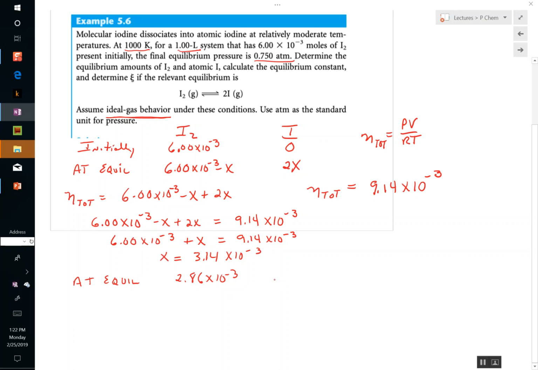Where's that equation? Did you give us that equation by any chance? Yep. It's the final moles minus the initial moles divided by the coefficient.